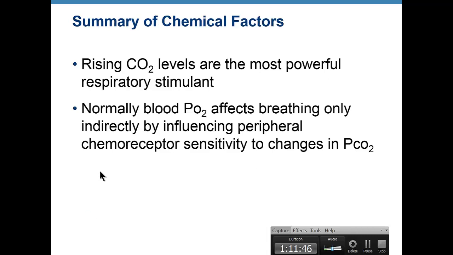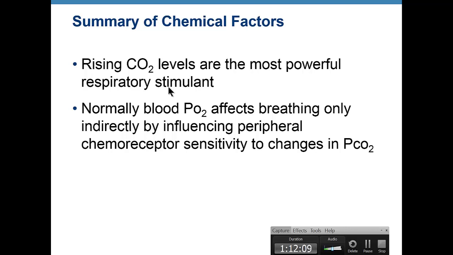All right, so anyway, key thing: underline, highlight, write it on your forehead backwards so you can read it in the mirror for the next week. This is a key concept. When we look at our patients, if they have CO2 levels that are off, we're going to see a change in the breathing rate, more than with PO2.